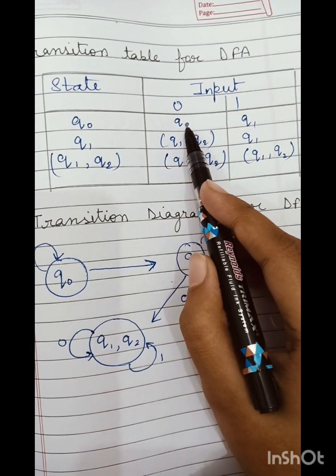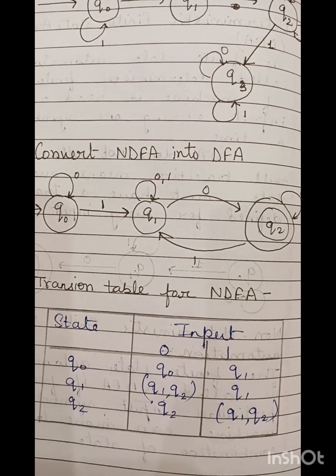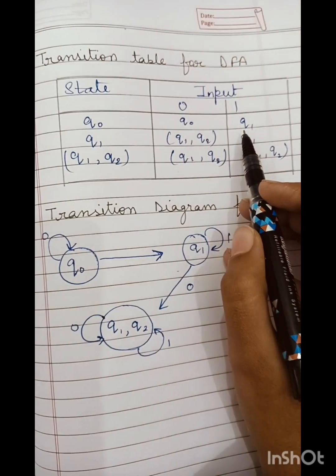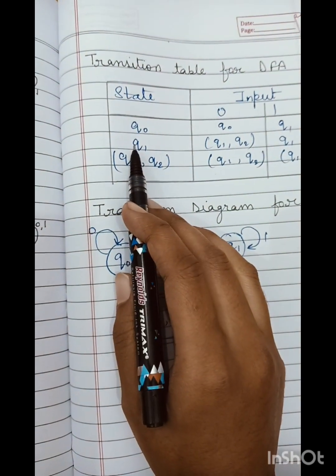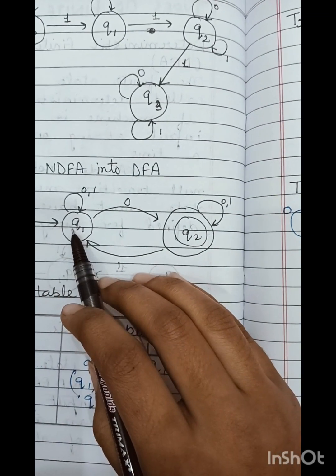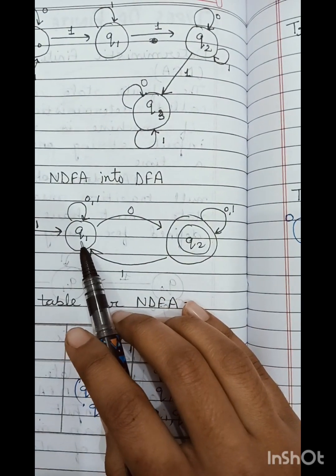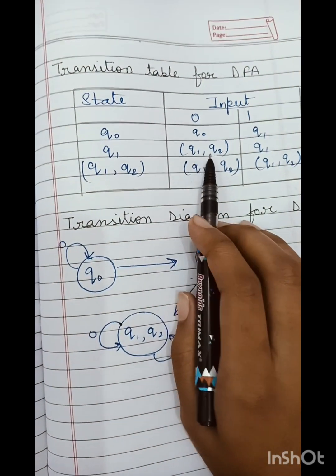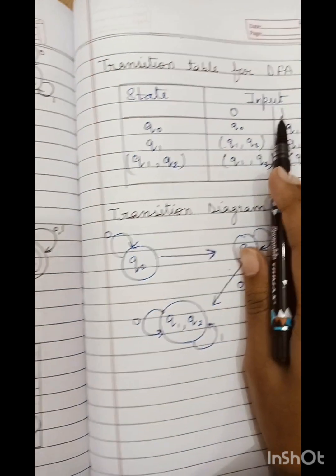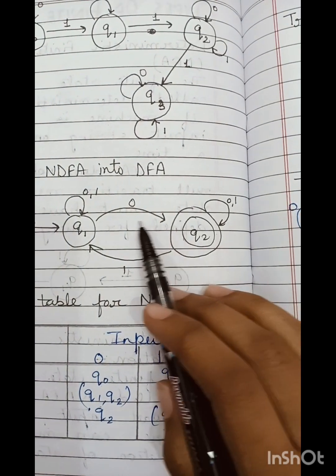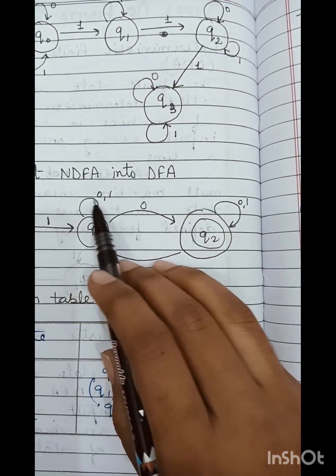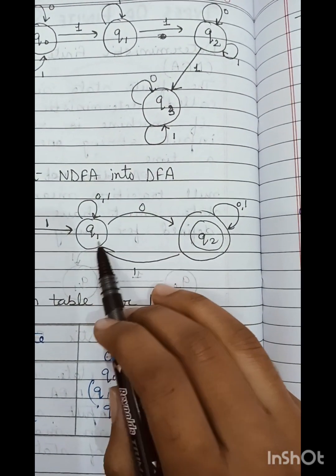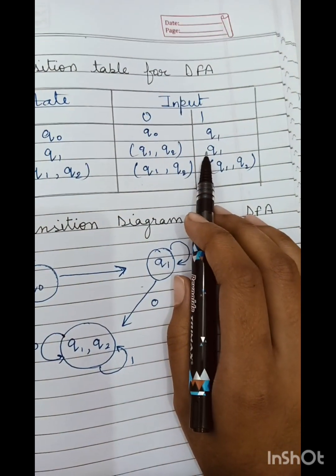Similarly for input 1, we get Q1, so we write Q1. Now for the Q1 state: when the input is 0, we get both states Q1 and Q2, so we write Q1,Q2. For input 1, we get only one state, which is Q1, so we write Q1.